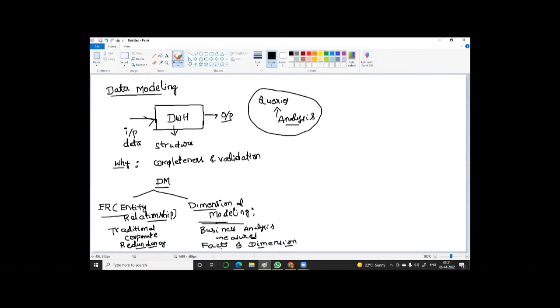And dimension is one more word that you can understand: one dimensional means only the x-axis, two dimensional means the y-axis also comes. When the third dimension comes, x, y, z, it is like a cube. That's why the cube is the fundamental block in dimensional modeling. So now we will see straight away what the differences between them are.